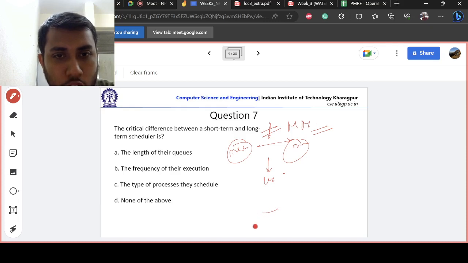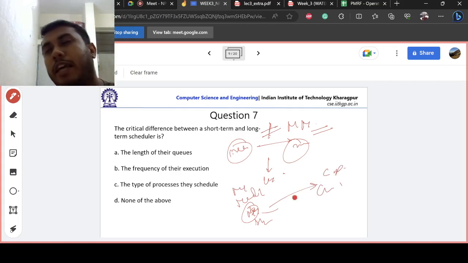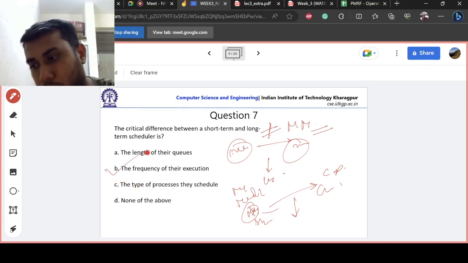Whereas the short-term scheduler moves from ready to running, which is main memory to CPU, and it takes much less time. So its frequency will be high. That's why it is called short term. It depends upon the frequency of execution.